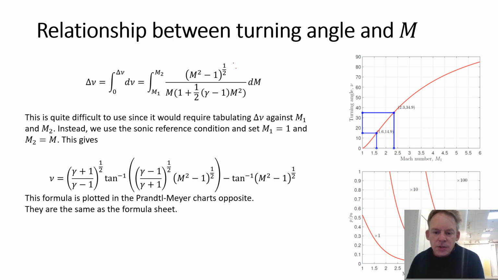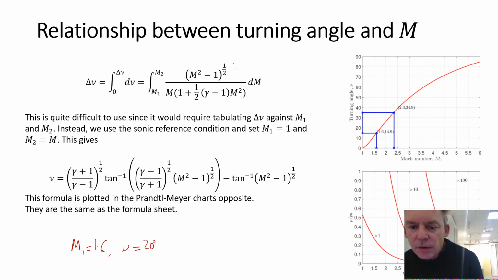We can see how this reference state of 1 works if we use the example that we have a flow that starts off with Mach number 1.6, and we have a deflection angle of, in this particular case, 20 degrees.